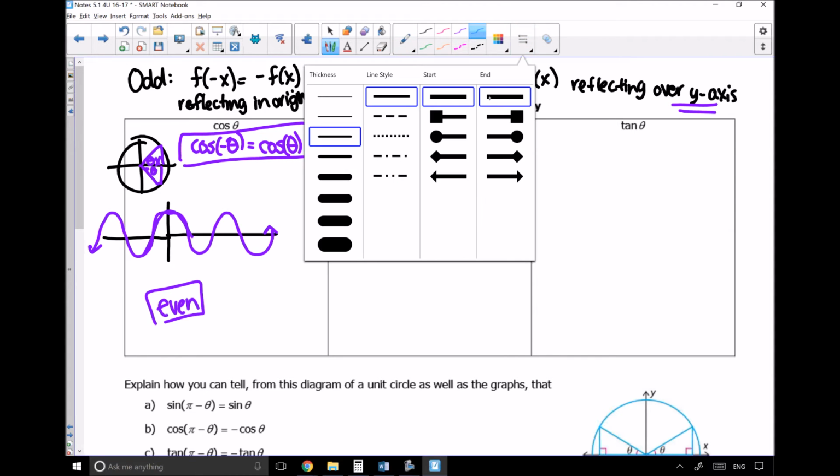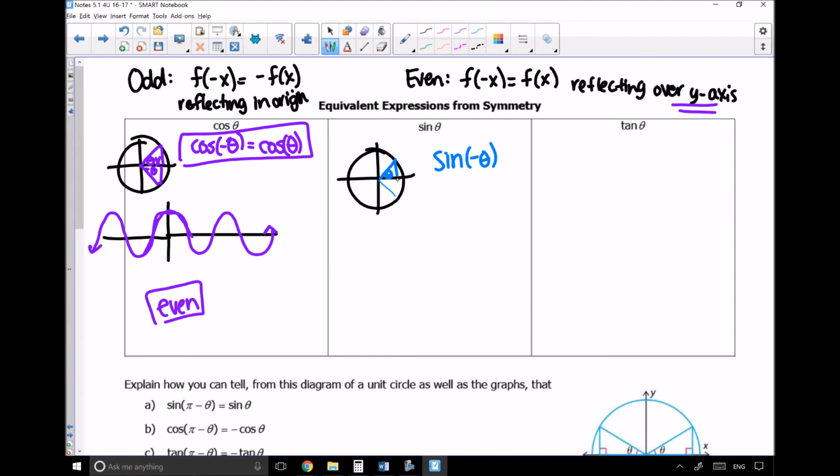If I draw the same triangle and use negative theta instead, my y value up here and my y value down here are going to be opposite signs of each other. So I can say that sine of negative theta is negative sine of theta, which means that we have an odd result.